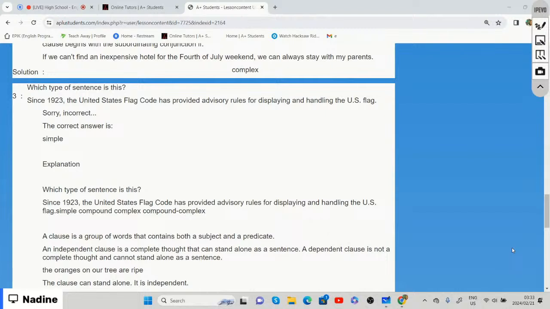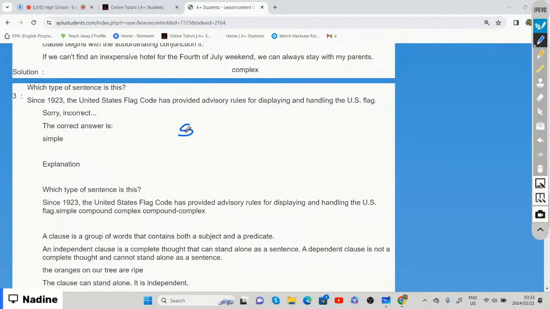So we need to say if it's a simple sentence, compound sentence, complex, or compound complex sentence. All right, and if we were to choose the correct one, we'll say that this is a simple sentence, right? It has a complete thought. So this is a simple sentence.